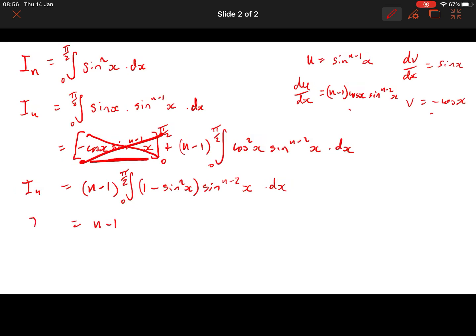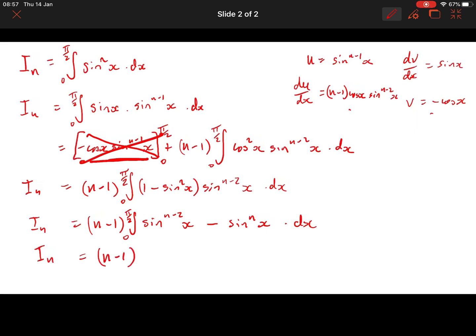And so follow through. I'm going to get n minus 1 times the integral from pi over 2 to 0 of, if I expand the brackets, sine to the power of n minus 2 of x minus sine to the power of n x with respect to x. Now here's the really clever bit, and again I don't know how you're meant to spot it.